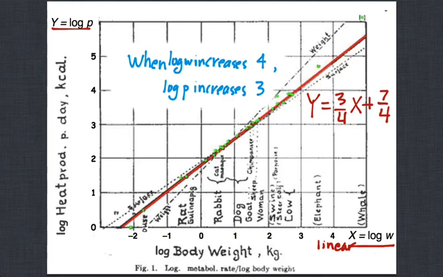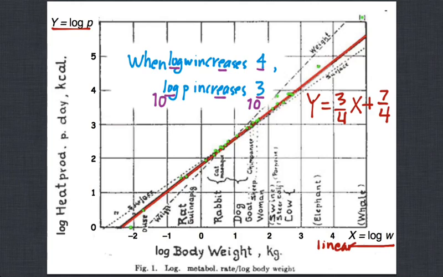And then all we have to do is figure out now what does it mean for the log to increase by 4 and for the log to increase by 3. And to interpret that, we just need to cancel those logs out by raising these statements as an exponent with a base of 10.